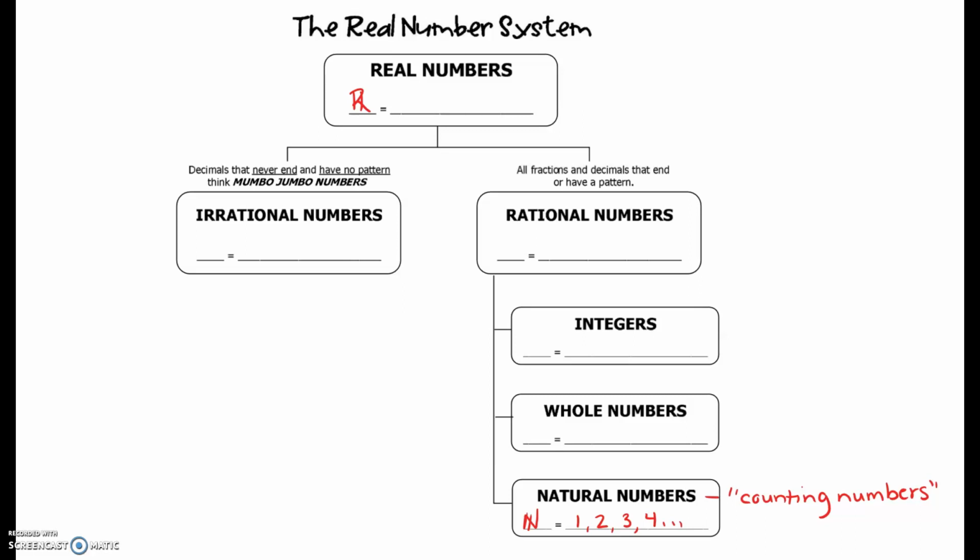As we go a step further, whole numbers is one students are usually most familiar with. So we use a W to represent whole numbers, which makes sense. And whole numbers include the natural numbers and one more.